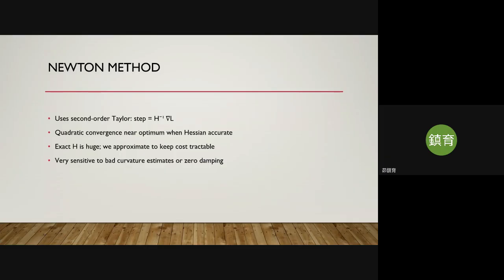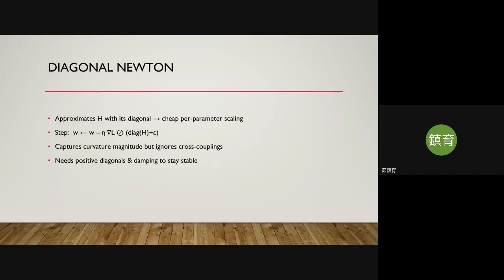When the curvature estimate is accurate, the method is extremely fast, but when it is not, the updates can overshoot or diverge. Next we have the diagonal Newton. To make Newton practical, we only keep the diagonal of the Hessian. That gives each weight its own adaptive learning rate based on how steep that dimension is, while staying computationally cheap.